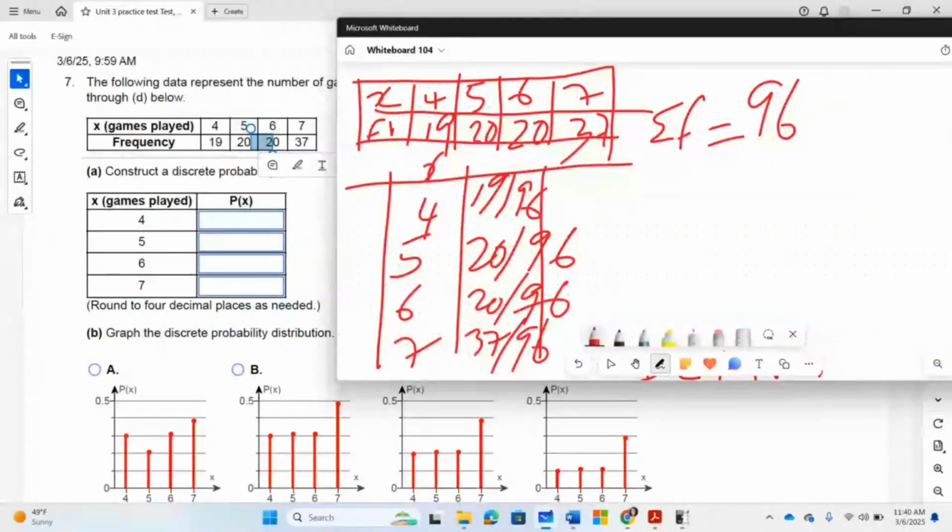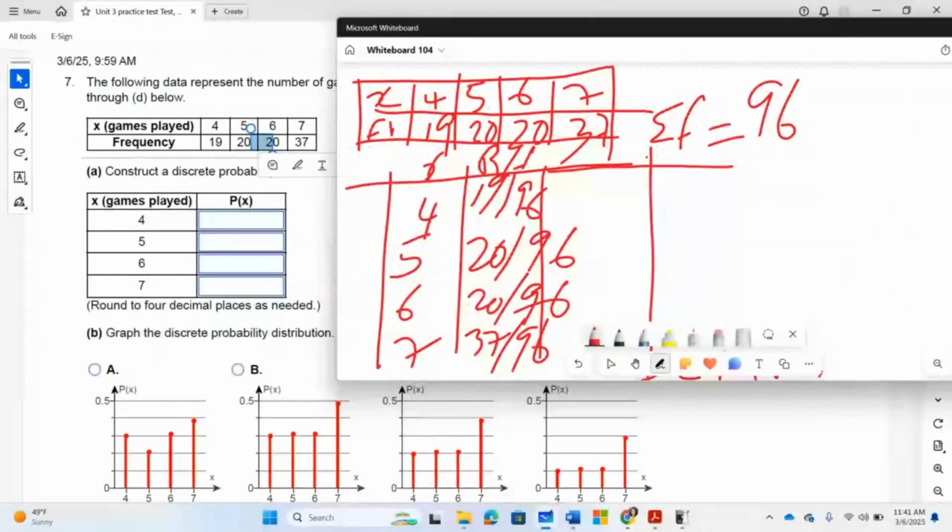Okay, so the next thing I would like to do is convert the relative frequency to decimal. It will help a lot. So let's change it to decimal. And by the way, we can put it in our calculator.